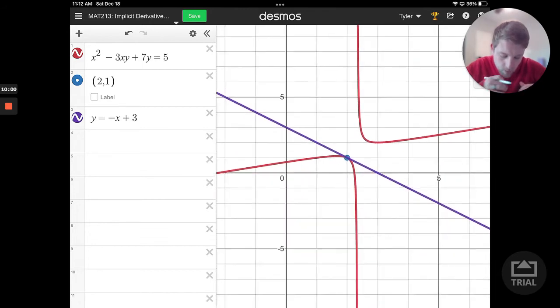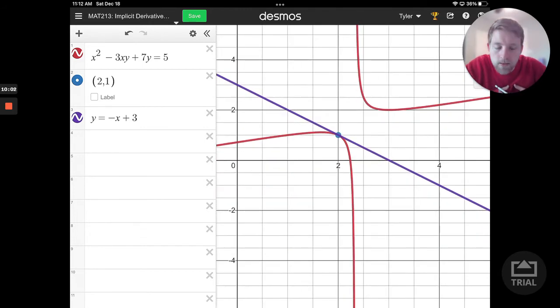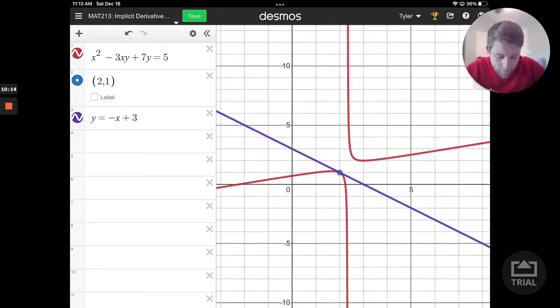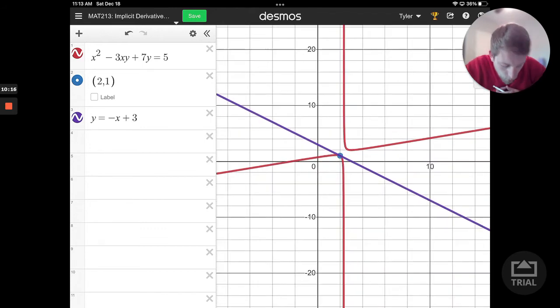That's the only point we cross, and we glance off of that point at (2, 1). So that's looking pretty good visually for the tangent line equation for that implicit function. That matches up pretty well visually with the algebra that we've done.